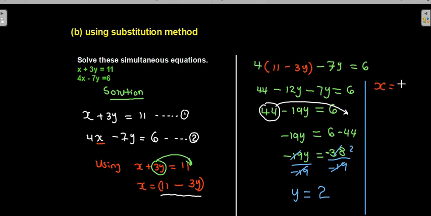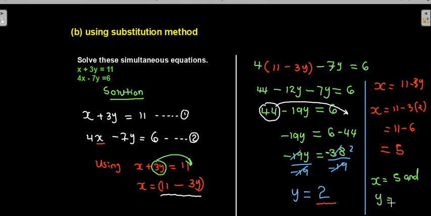But y is equivalent to 2, so our x will be equal to 11 minus 3 times 2, that will be 11 minus 6, and our answer will be 5. So the solution for these equations is that x equals 5 and y equals 2.